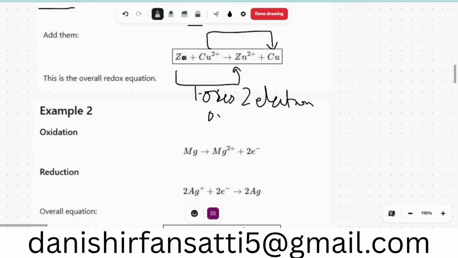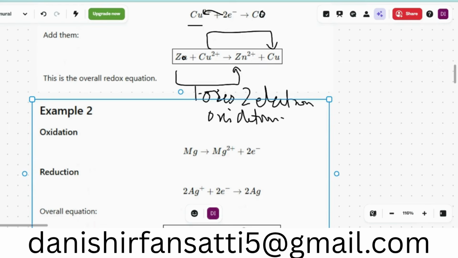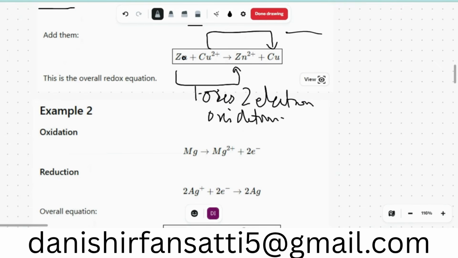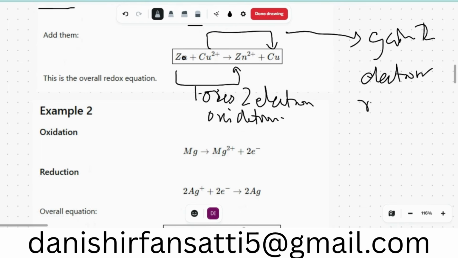So that is oxidation, loss of electrons. And the copper gains 2 electrons, that is reduction.